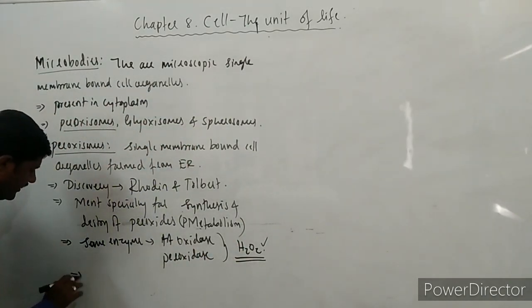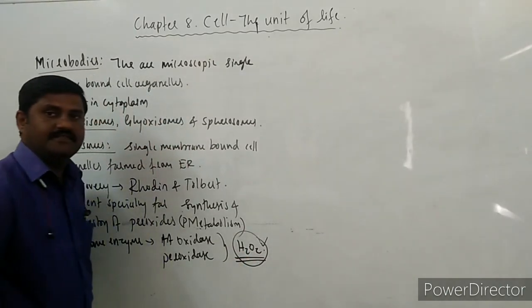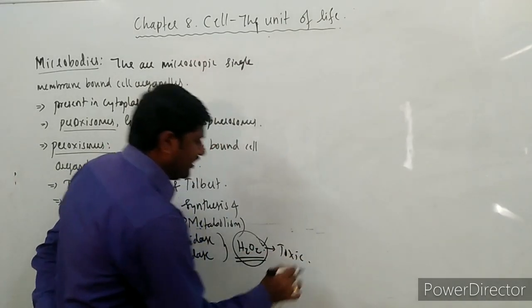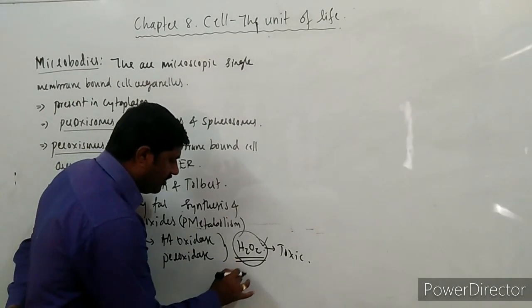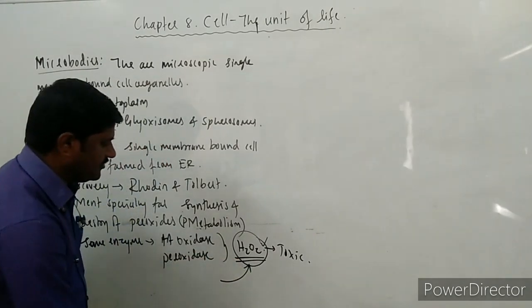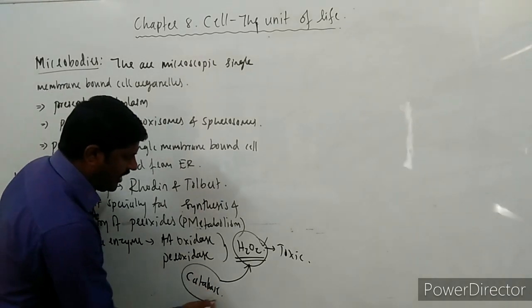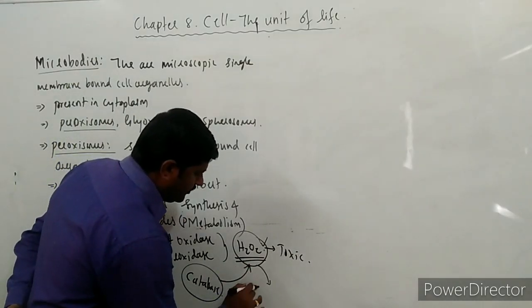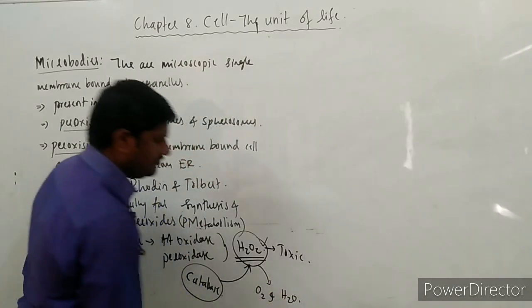Simultaneously, on storage, this hydrogen peroxide becomes a toxic material to the cell. Since it is toxic, one of the enzymes acts on it, that is catalase. Catalase is an enzyme which acts on hydrogen peroxide and converts it into oxygen as well as water.